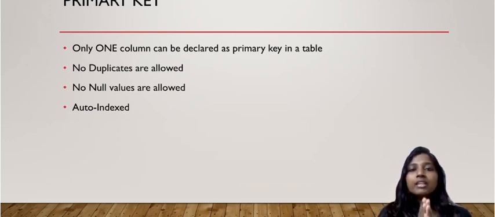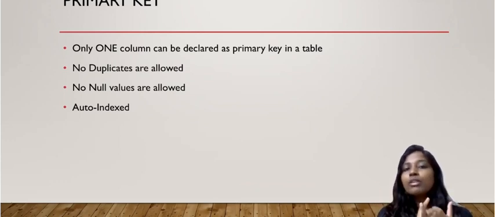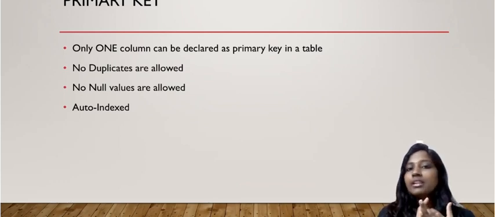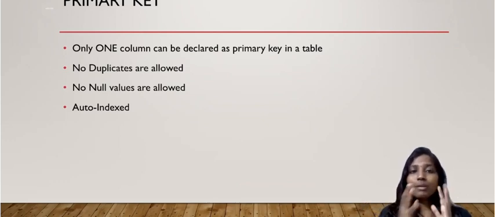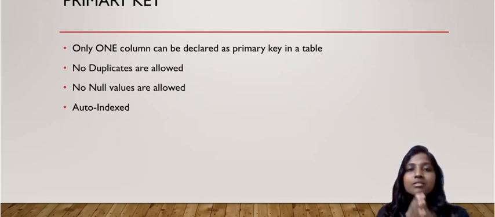So when you define a particular column of a table as a primary key, it should not hold any duplicates, it should not allow any null values, and it should be auto indexed, meaning it will be automatically indexed. We saw this concept of indexing: indexing is for fast retrieval of data. When you mark a column as a primary key, you are marking it as an important column, so automatically it will be indexed.